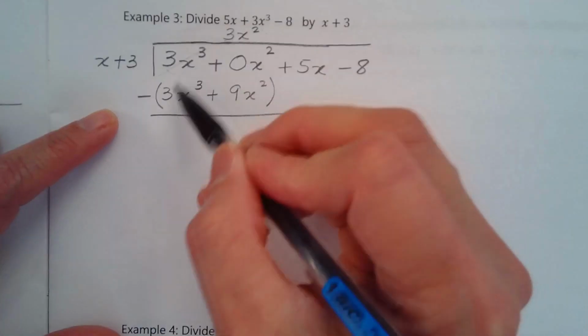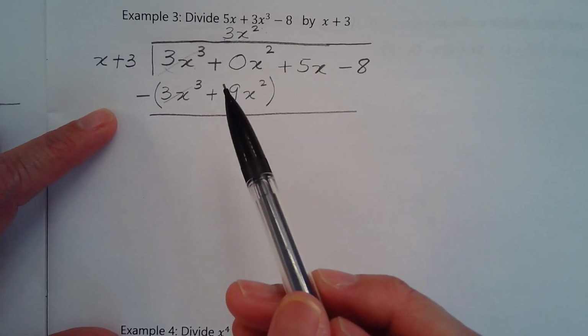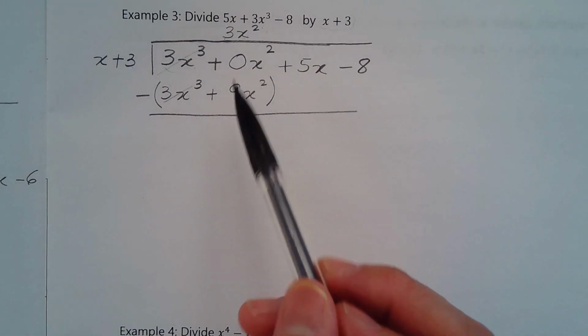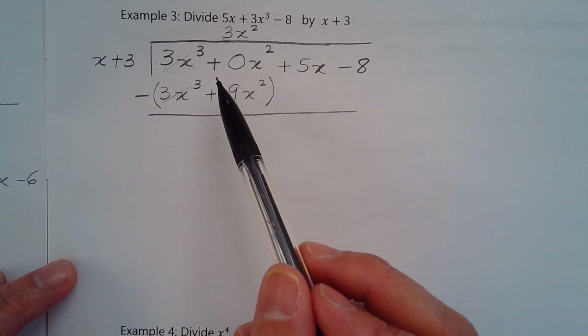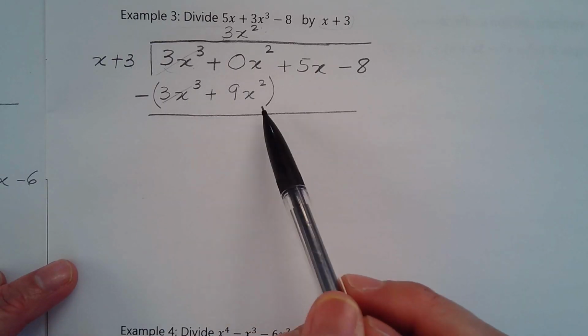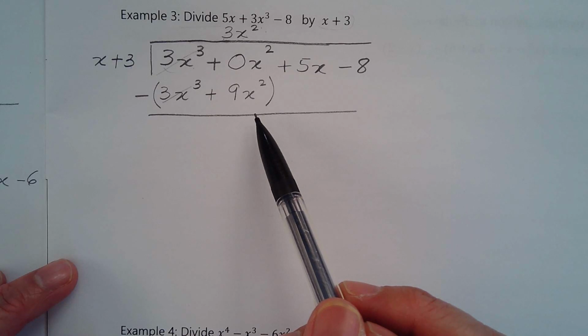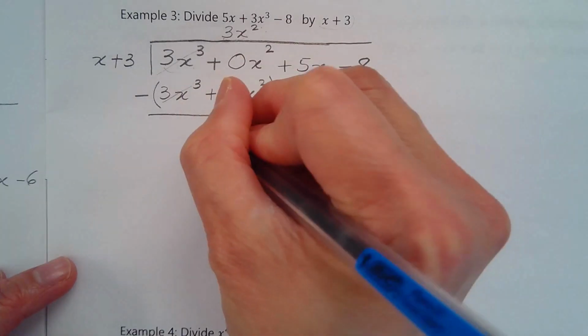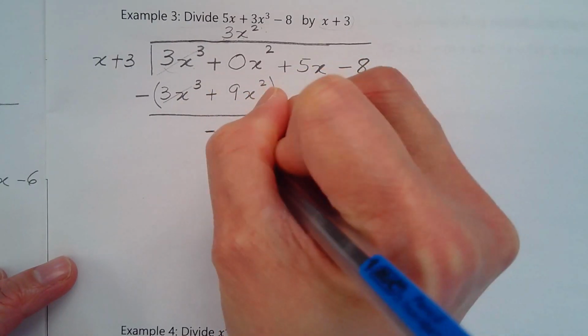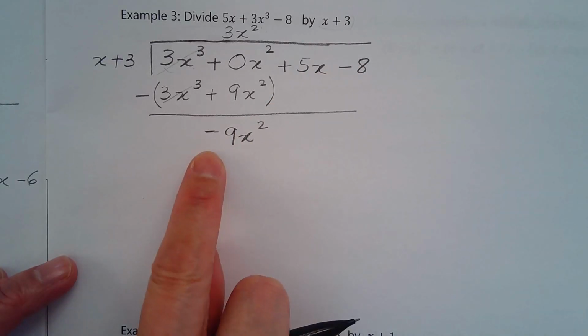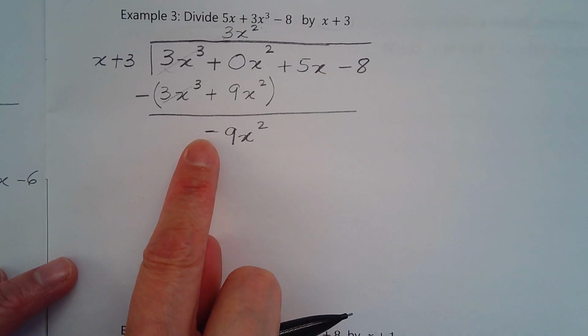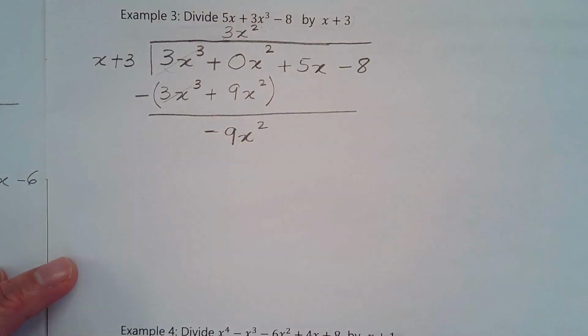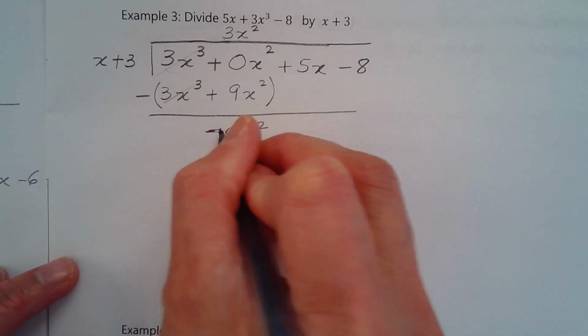So this cancels. I gotta be careful here. What would the answer be? 0x squared minus 9x squared. Minus 9x squared. We have to be careful with that because if we put a positive 9, it's gonna mess up our whole thing. Right? Okay. So be careful.